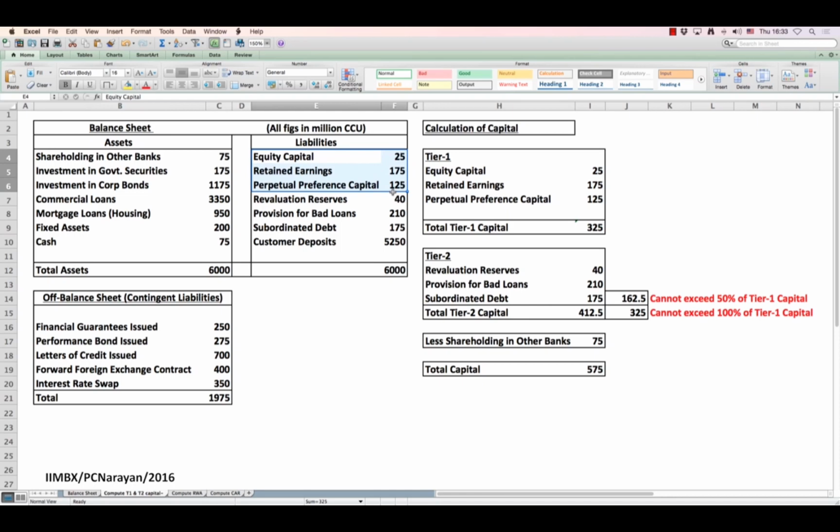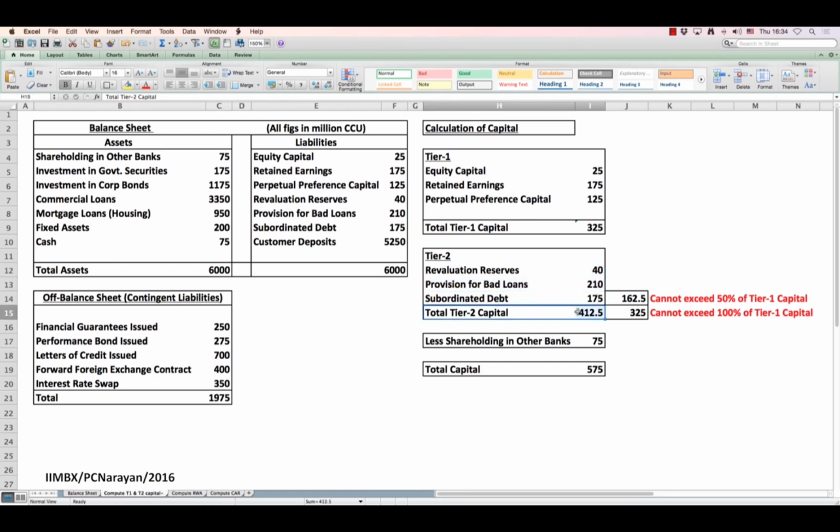And that's, in this example, the total of tier 1 capital, which works out to 325 million currency units. The rest of the lines on the liability side of the balance sheet, which is revaluation reserves, provision for bad loans and subordinated debt, would form tier 2 capital.